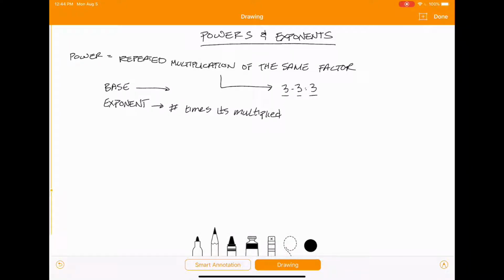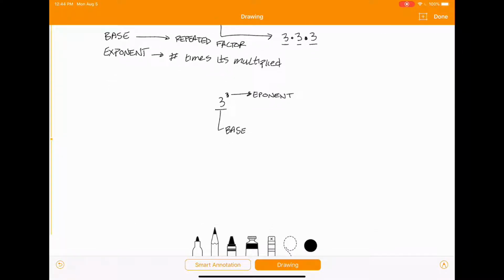So again, your base is going to be that repeated factor. So if we write this expression here, 3 times 3 times 3, our base is going to be 3, and our exponent is also going to be 3. So this is your base. This is your exponent. And your exponent is written above, and it's a little bit smaller than what your base is written at.